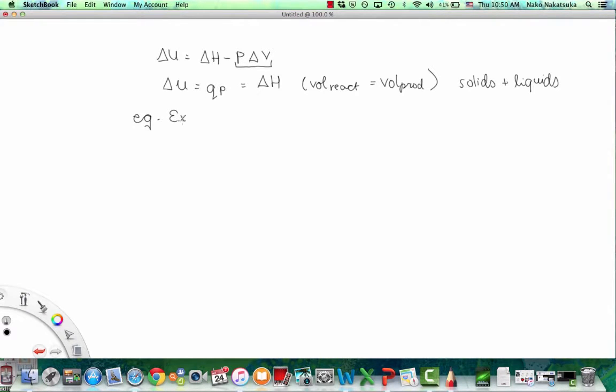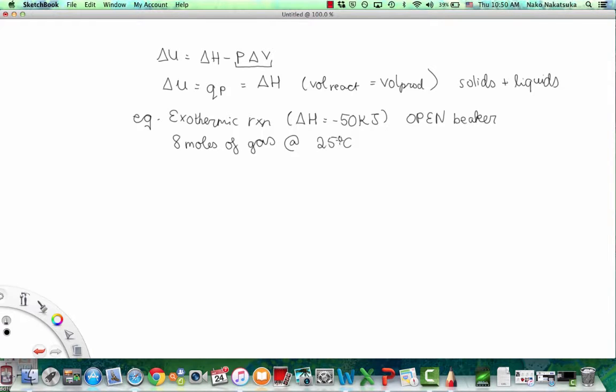An exothermic reaction has a delta H value of negative 50 kilojoules. And this occurs in an open beaker producing 8 moles of gas at 25 degrees Celsius. And the question is, what is the change in internal energy of this system?